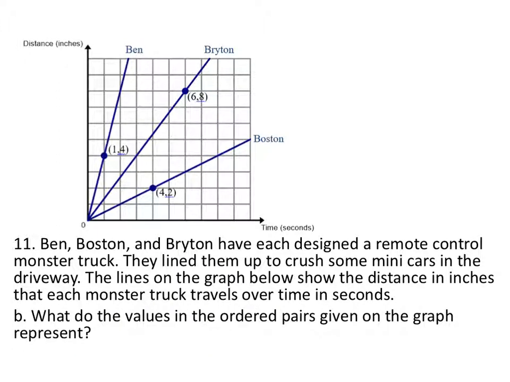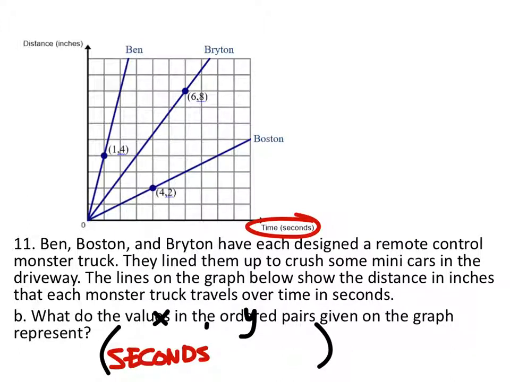Part B, what do the values in the ordered pairs on the graph represent? For this one, each ordered pair is an x and y value, and we can see that the x is represented in seconds, and each y value is represented in inches.